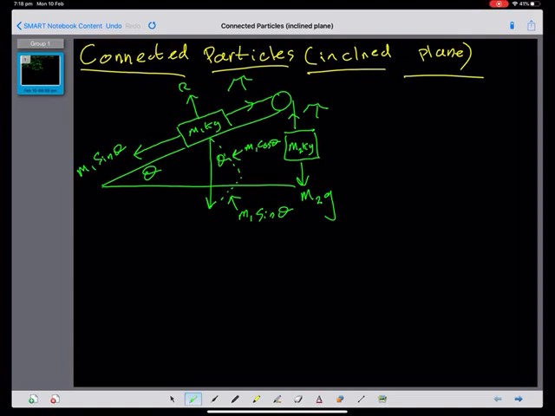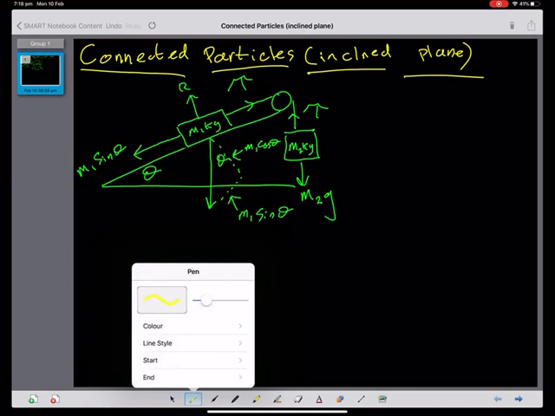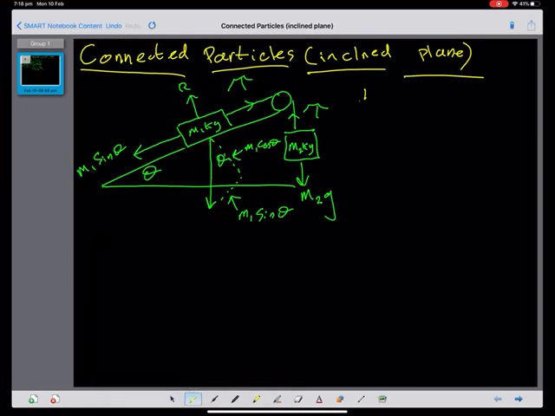Now let's resolve perpendicular to the plane. I'm going to do my resolving in yellow. This symbol means perpendicular. So we've got R is equal to m1 g cos theta.